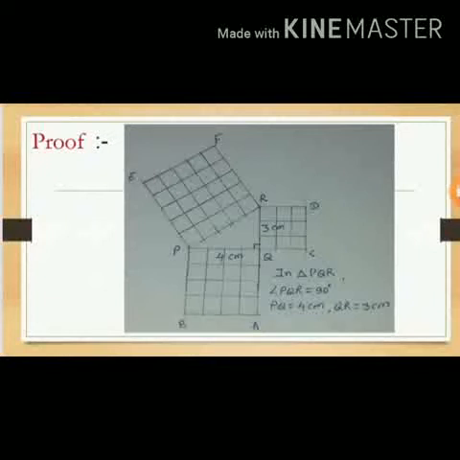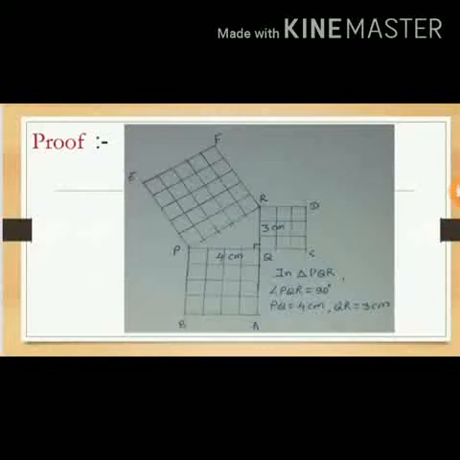To prove this, we draw triangle PQR such that angle PQR is equal to 90 degrees, side PQ is equal to 4 centimeters and side QR is equal to 3 centimeters. Draw the squares on each side of the triangle PQR as shown in the figure.